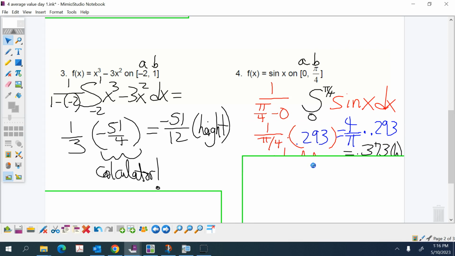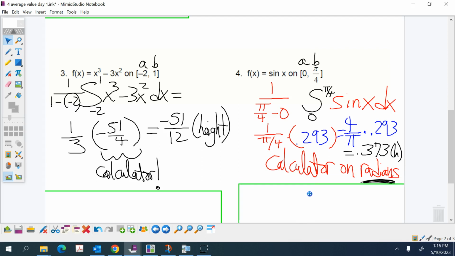You need to remember that 1 over pi over 4 is the same as 4 over pi, and the integral or area between 0 and pi over 4 of sine x is going to be 0.293. Multiply 4 over pi times 0.293. The height of your rectangle is 0.373. Make sure your calculator is in radians.